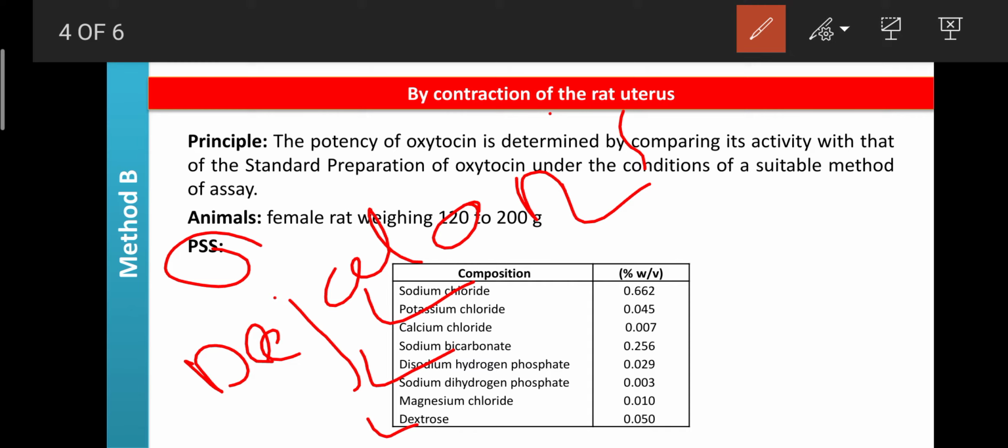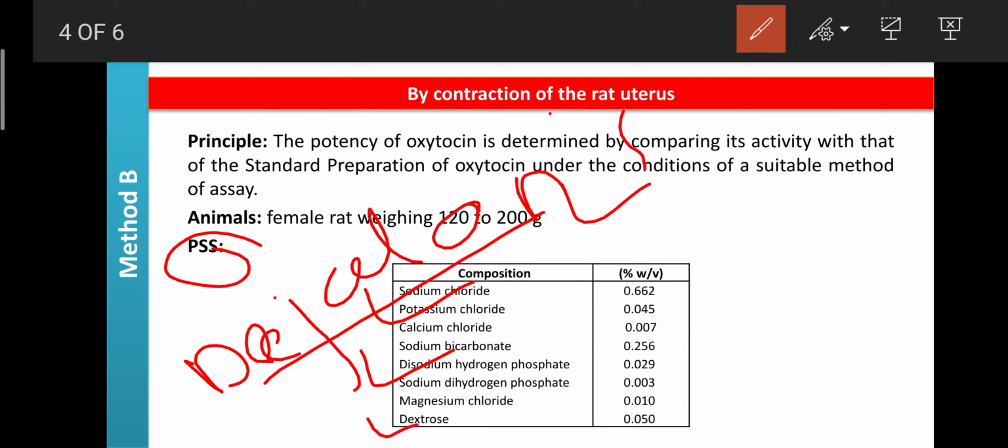If you are using the ileum, jejunum or duodenum of rabbit and guinea pig ileum, you can use Tyrode's solution. But when you are using the uterus of the rat or any animal's uterus, where you want to study the effect of the drug on the uterus, you can use De Jalon's solution.